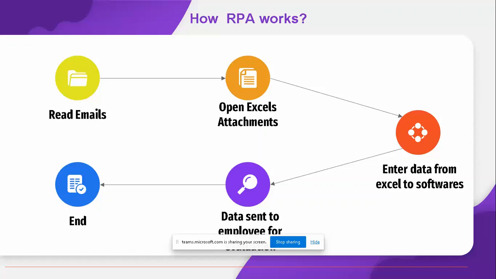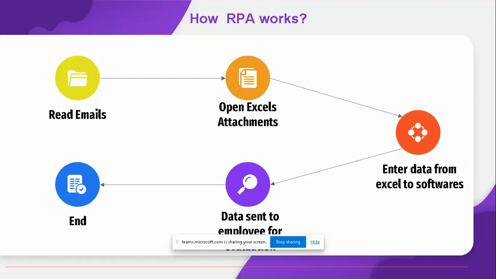If I give you one simple example, RPA will read your mails, and it will open the Excel attachments, in case there are any. It will enter the data from Excel, pushing it into the software, whether it is HRMS software, an ERP solution, or a CRM solution.